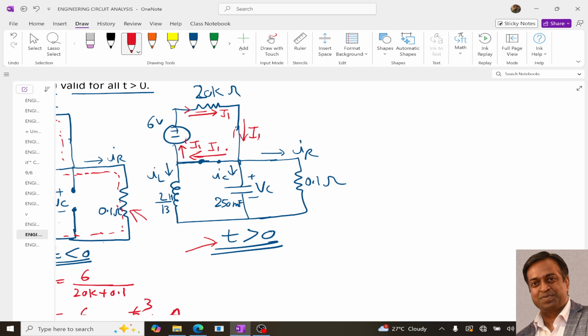What I am trying to say is that since it is short circuited here, all the current from this 6 volt source will flow only in this loop, and there will not be any current flowing in this part of the circuit. So we can remove this part from the circuit, and redraw it something like this.